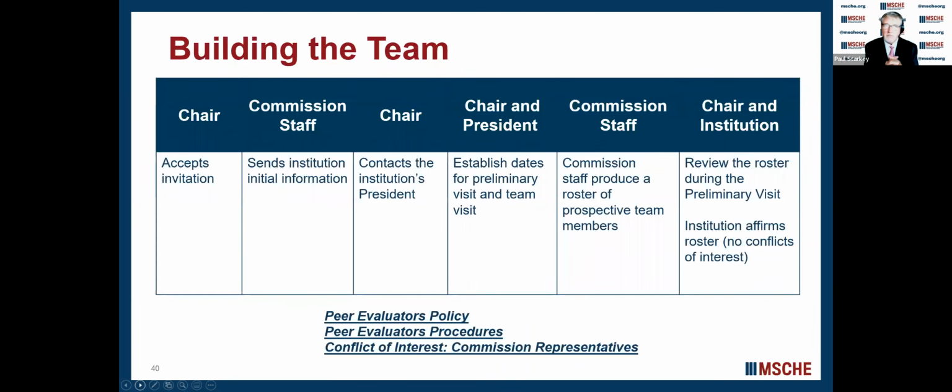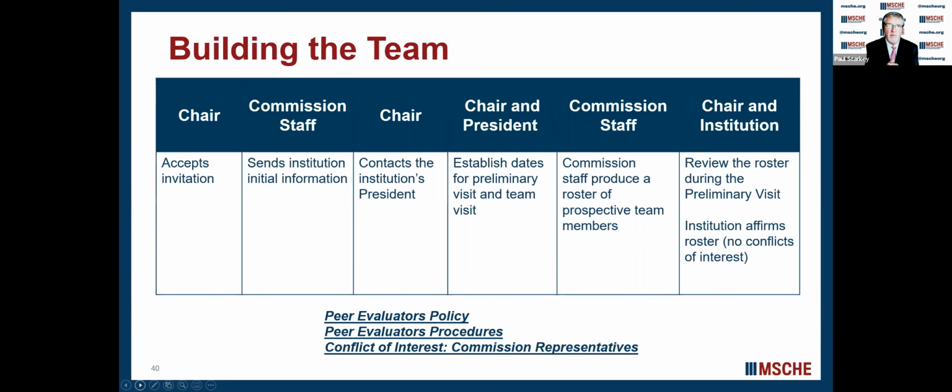So the chair, every chief executive officer has the opportunity to veto the chair. We ask them not to get too specific, but we will provide a couple of names to your chief executive officer.